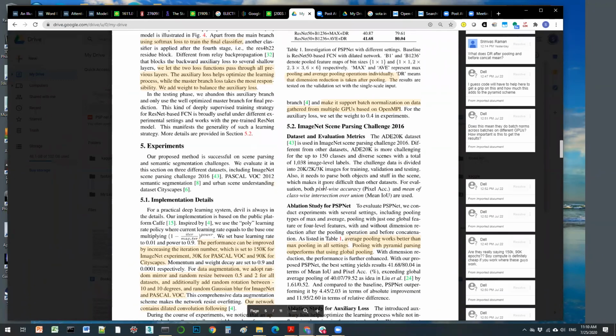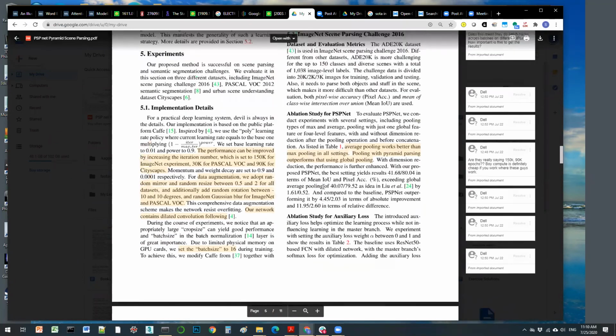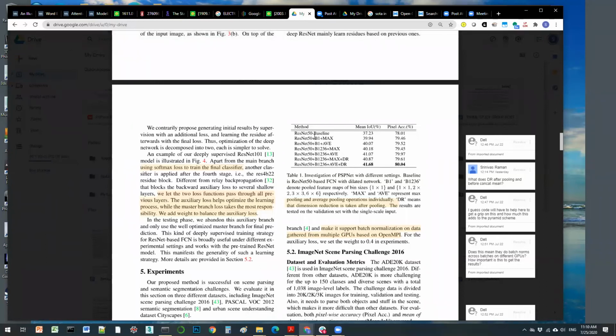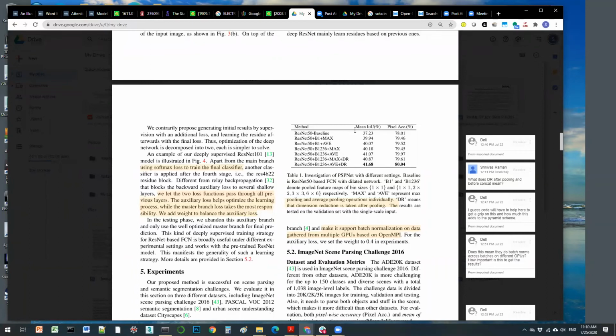Okay, let's see. So they go through, in this case, the ablation study, which is pretty good. As I was saying, they take the baseline, which is just the ResNet 50 baseline, and then compute the IOU and pixel accuracy for the segmentation. And then they do max pooling and average pooling.